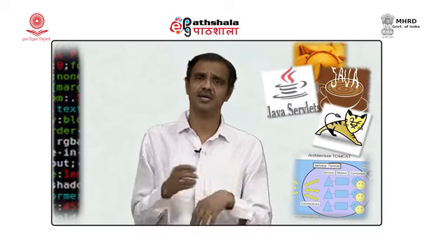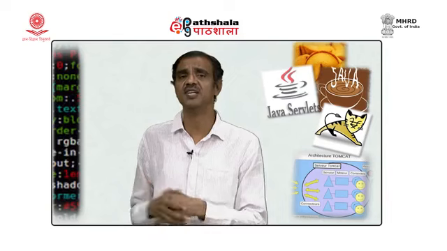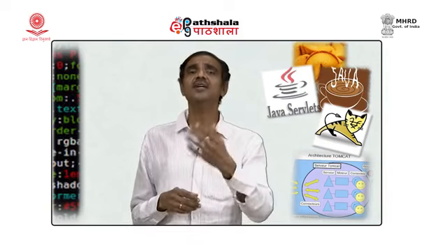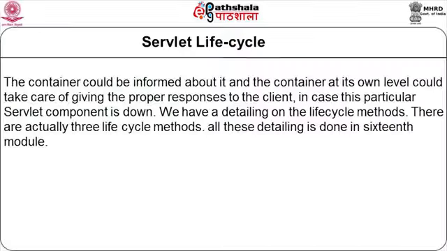Even then, what should it be doing? It is not that the servlet just gives an error. The container could be informed about it, and the container at its own level could take care of giving the proper responses to the client in case this particular servlet component is down. So, how can such things be managed?